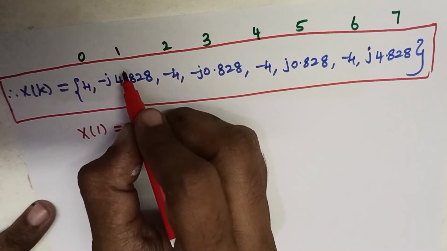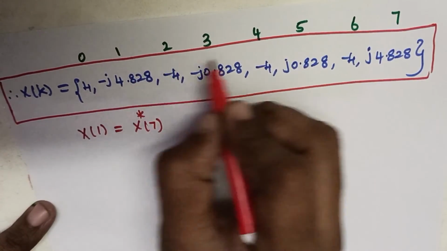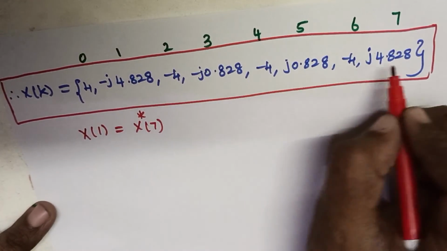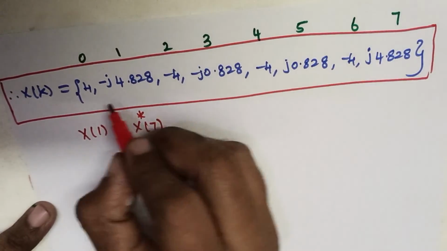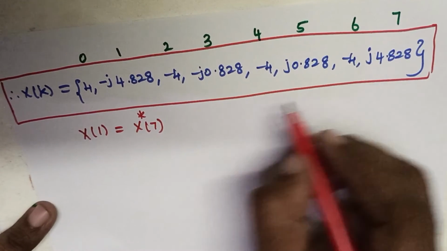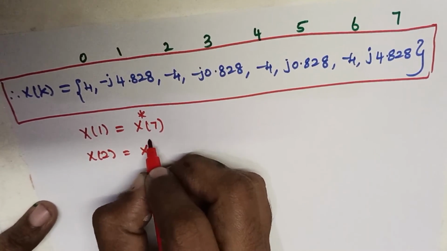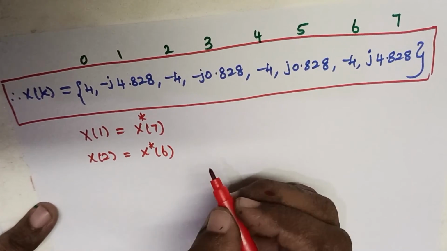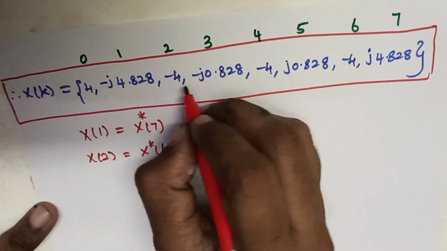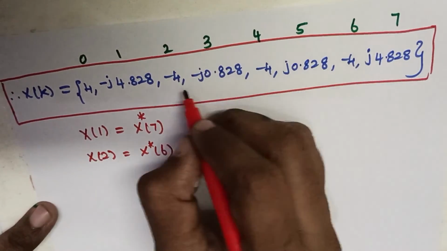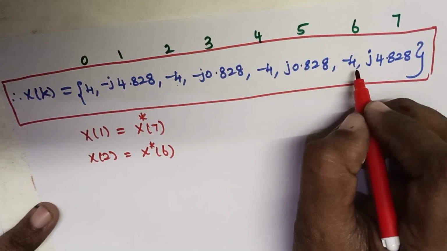When we observe X of 1 and X of 7, this is minus j 4.828 and this is plus j 4.828. Both of these are complex conjugate terms. Likewise, X of 2 will be the complex conjugate of X of 6. X of 2 is minus 4, X of 6 is also minus 4. Since there are no j terms involved, we are getting the same value here.